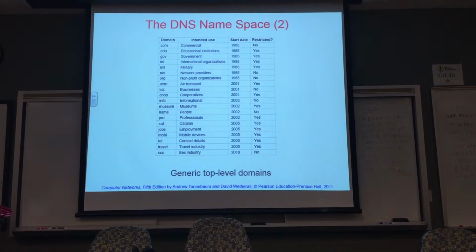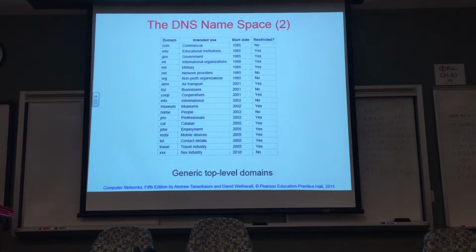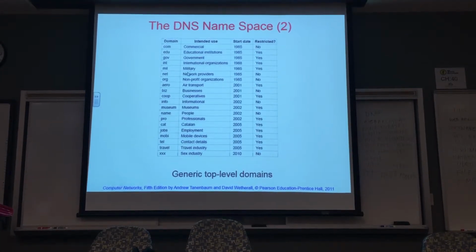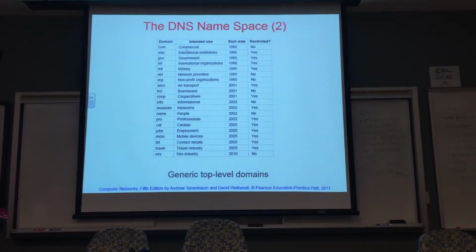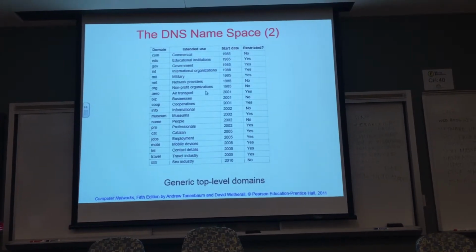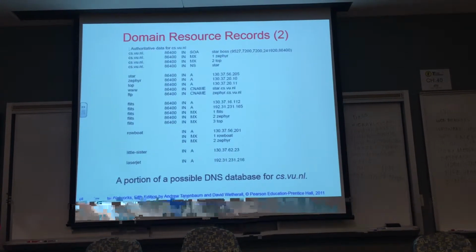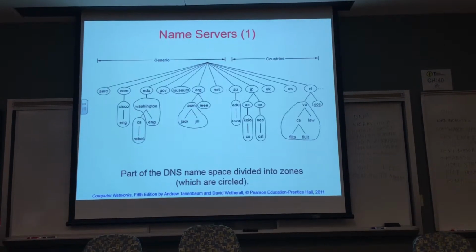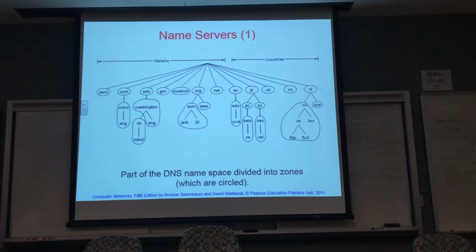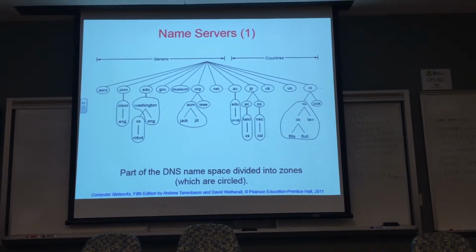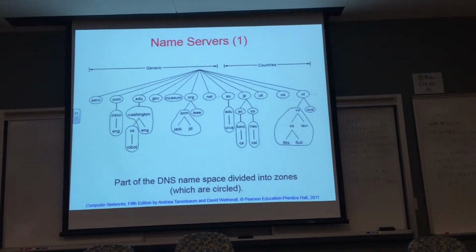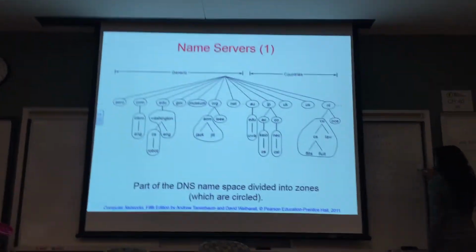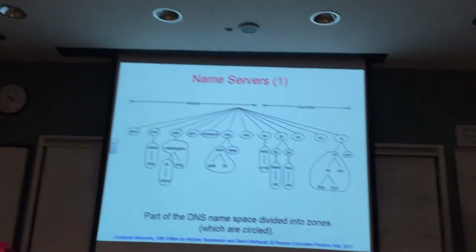The way it works is .com, .gov, .edu are assigned according to their specific purpose: commercial, government, military, and so on. And then we have these DNS servers that are handling a part of the domain space. When we said here it's a distributed database system, why is it distributed?